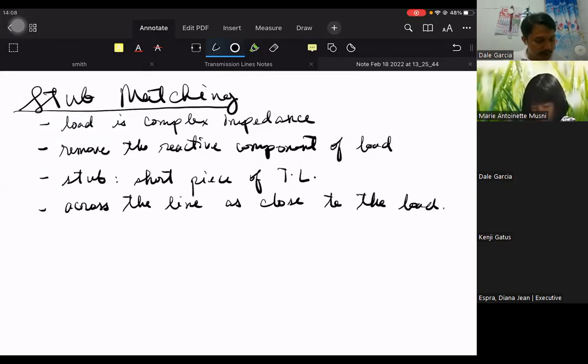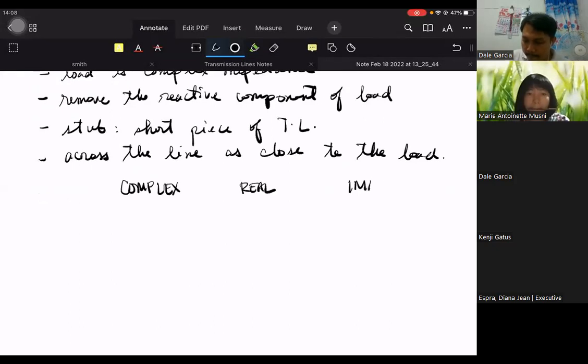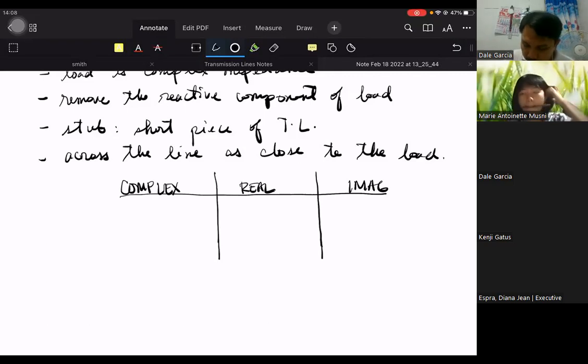Now, what is susceptance? Have you heard of that term before? Especially in Circuits 2. Actually, susceptance and reactance are the two sides of one coin, no?